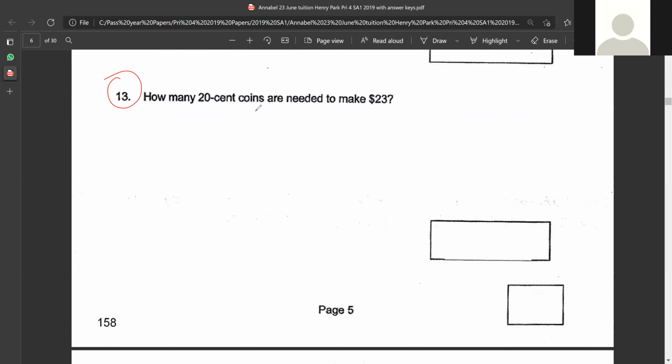How many 20-cent coins are needed to make $23? Okay, so $1 needs how many 20-cent coins? 5. 5 20-cent coins, right? Yeah.